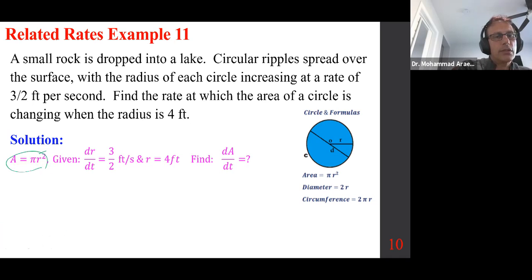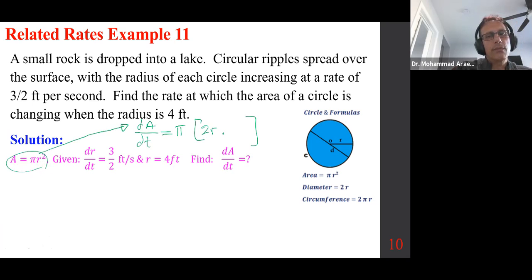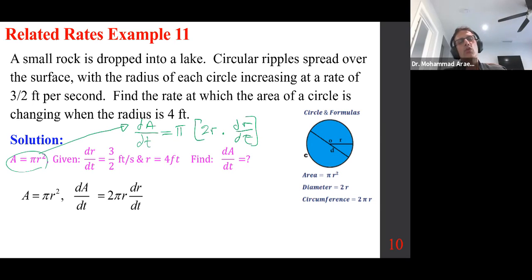So this means the dA/dt is pi, then r squared, 2r, dr/dt, or 2 pi r dr/dt.